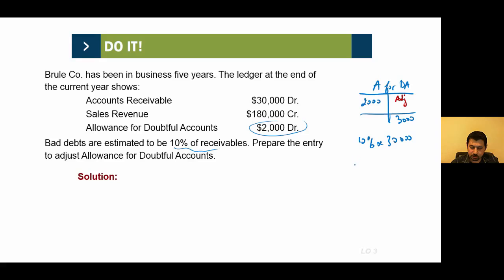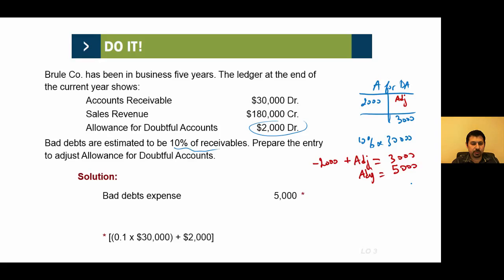We have minus 2,000, this is the debit here, plus adjustment is equal to 3,000. As a result, the adjustment will have to be a credit of 5,000. And as a result, the company would debit bad debt expense 5,000 and would credit allowance for doubtful accounts 5,000.